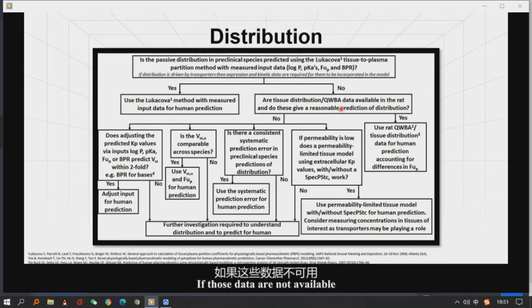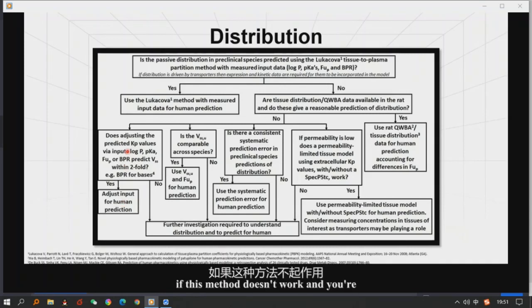If those data are not available, and they don't tend to be routinely available, you would then be moving down the diagram here. And most of the time, you end up in the left-hand side, where you're adjusting the predicted KP values via one of the inputs. So for a basic compound, it may be via the blood to plasma ratio. And then you're looking to accurately predict with that adjustment in the preclinical species. And if you can, you would then use that adjustment for the human prediction.